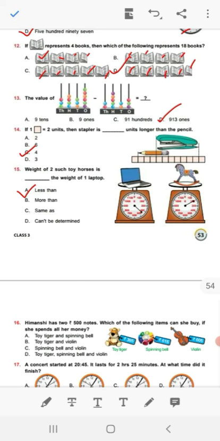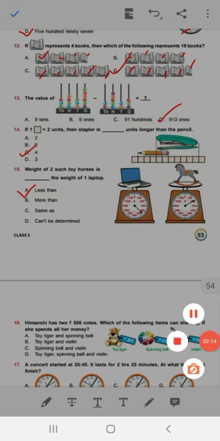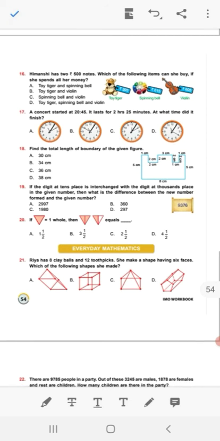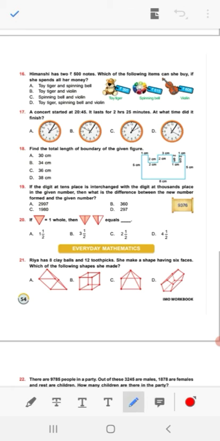Now we will pass to question number 16. Himanshi has two 500 rupee notes. So actually she has 1000 rupees. Which of the following items can she buy if she spends all her money?